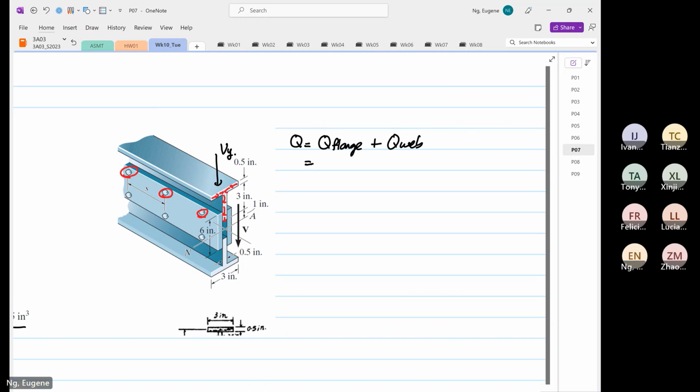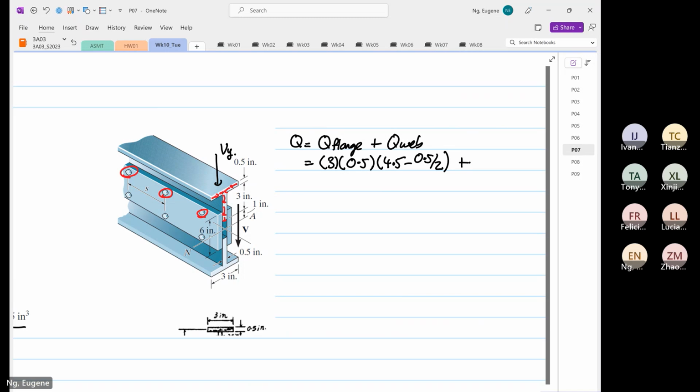The Q of the flange: the width is 3 inch, the depth is 0.5. The y bar is 1 plus 3, so 4.5 minus 0.5 divided by 2.